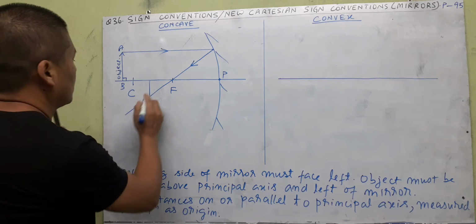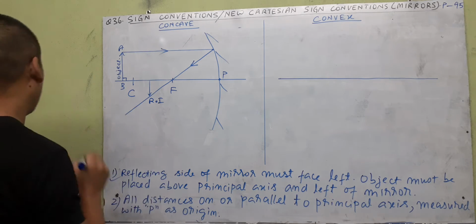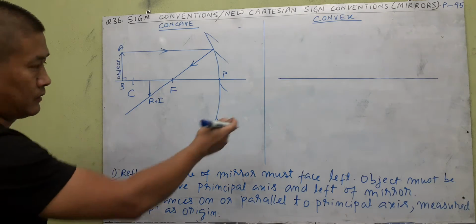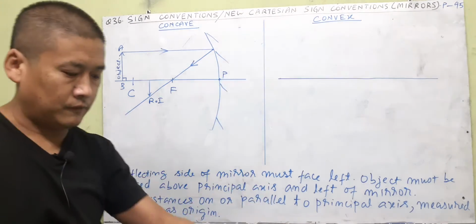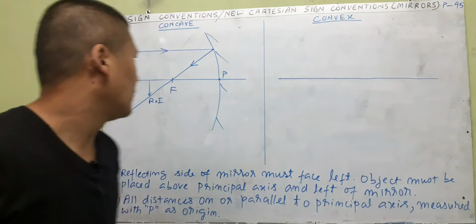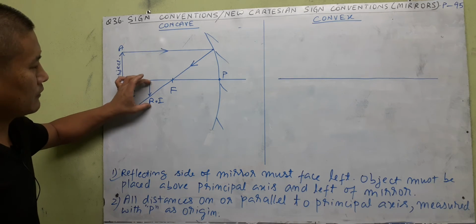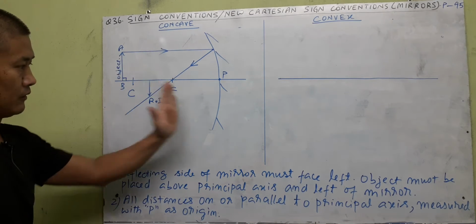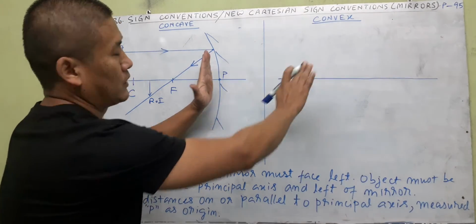You never see a real inverted image, let us denote it by RI, on the right side. So this image here will represent all real inverted images, which are on the left side of the mirror. This is the mirror, so left side, and this is the right side of the mirror.